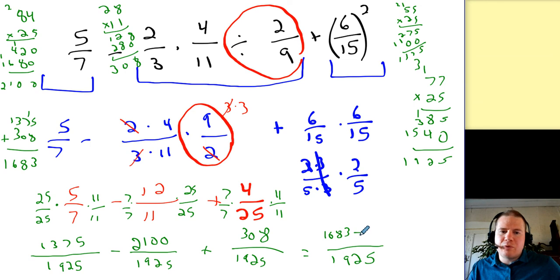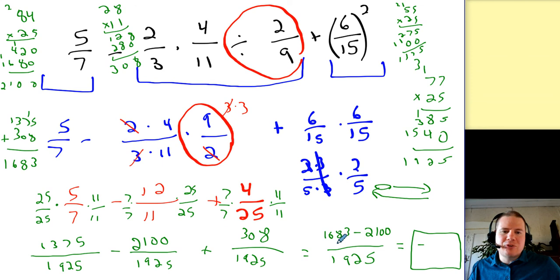1683 moving forward. And 2100 moving backwards. Well, 1600 is smaller than 2100. Here's my 1600 moving forward. 2100 moving backward. I'm going to end up in negative territory. Right?